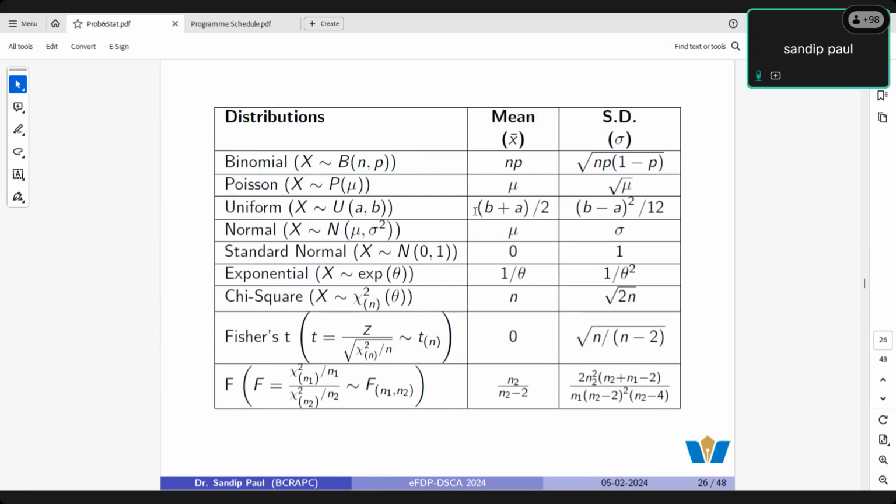Similarly, the mean for the Poisson distribution, uniform distribution and normal distribution can be obtained using the formulas defined earlier. So you can use those formulas to get the mean, standard deviation, or even other moments of that distribution. I am not discussing the calculation procedure. You have to note down these results only.